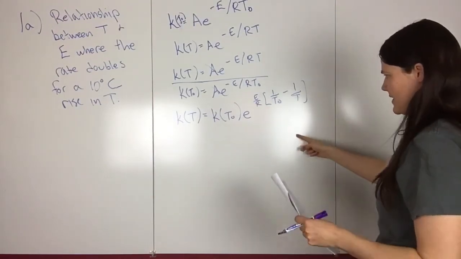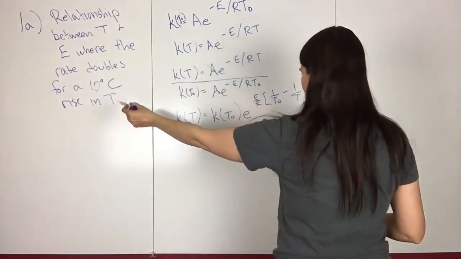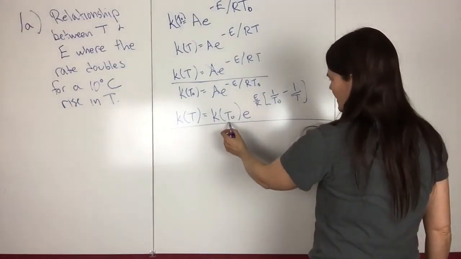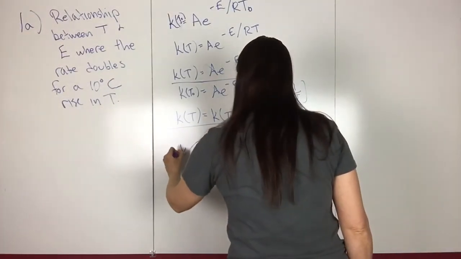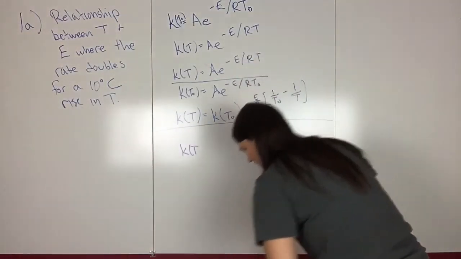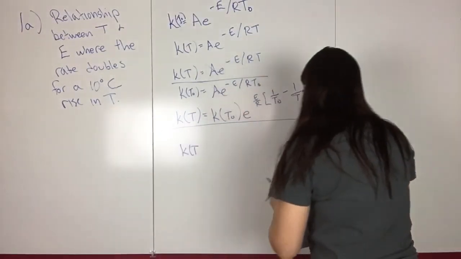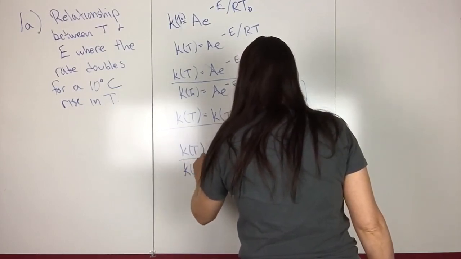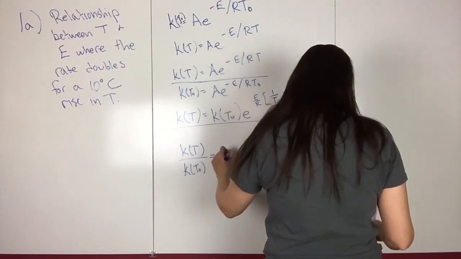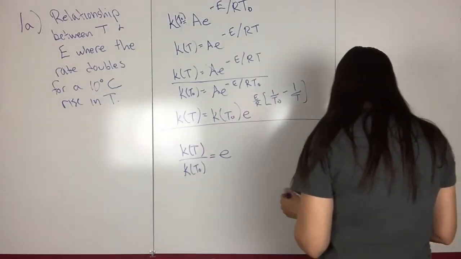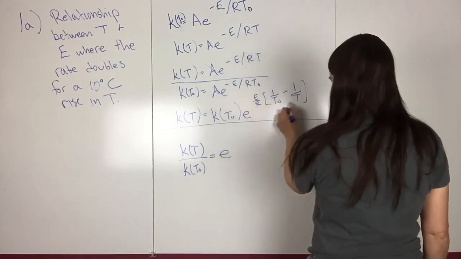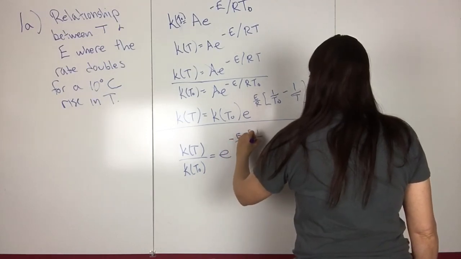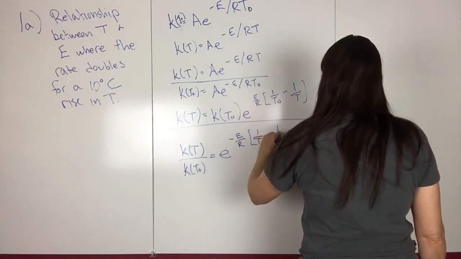So then coming back to this problem, in order to develop this relationship, I'm going to divide that back over. So k T over k T naught is equal to e, and I'm also going to reverse that, so this would be minus E over R, 1 over T minus 1 over T naught.